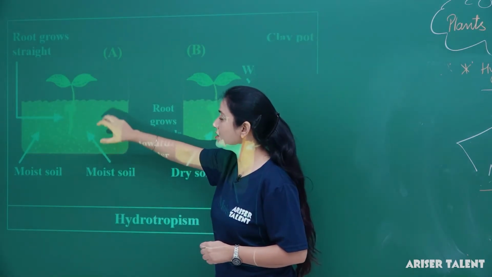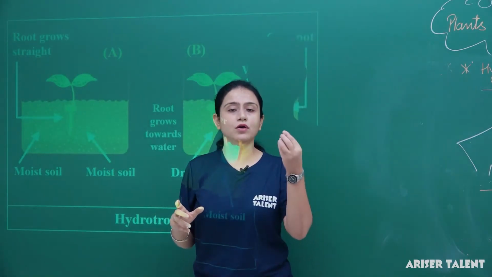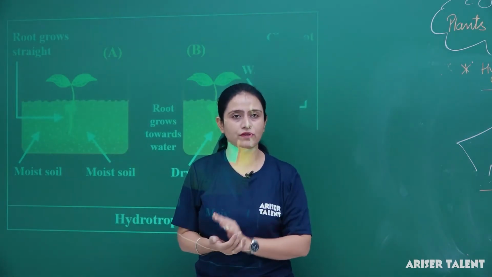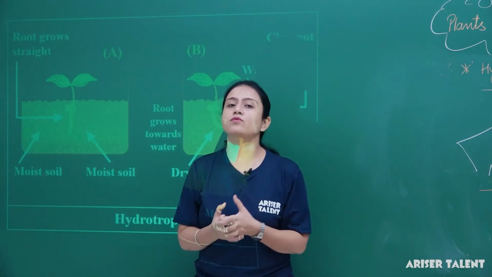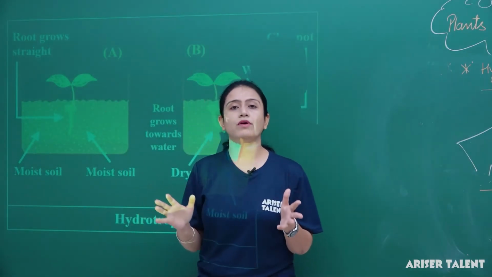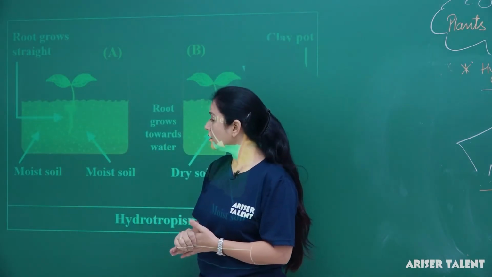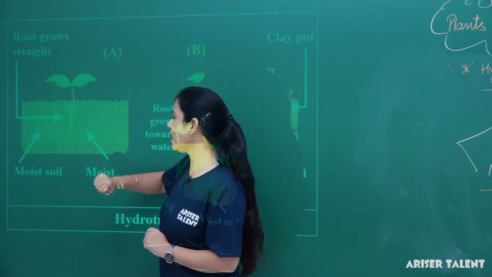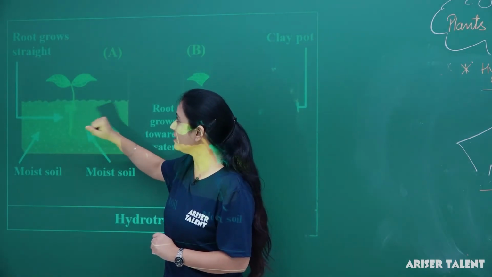Now, as we all know, in the plant the roots take water and minerals from the soil, and then it is supplied to other parts of the plant. So roots are the main part for absorbing water and minerals from the soil. In glass A we are providing water uniformly, nourishing the soil with water.